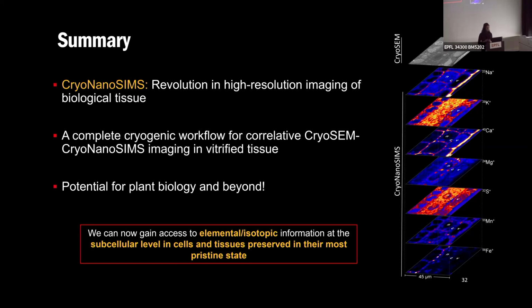And I've given you an overview of the cryogenic workflow that is required to be able to do this. I've shown you one example of its potential for plant biology, but this is just the start. We've just answered one fundamental question, but there's an immense amount of work that can be done with this. This is just the start of a big revolution, I would call it.